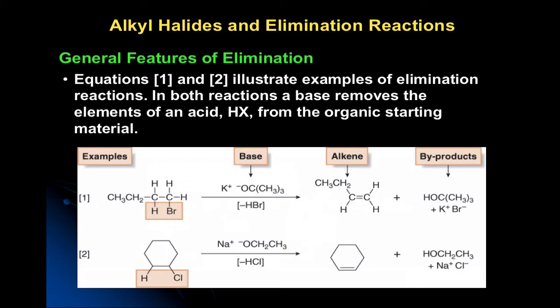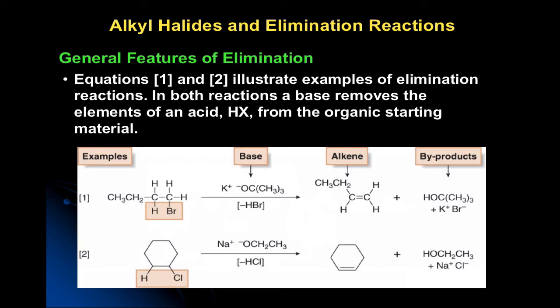So typically we would maybe warm this up and boil it and force it to undergo the elimination chemistry to a larger extent. And so how would we name the product here? Cyclohexene, that's right.